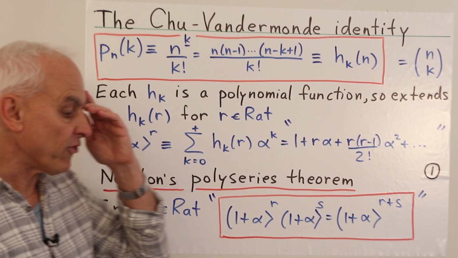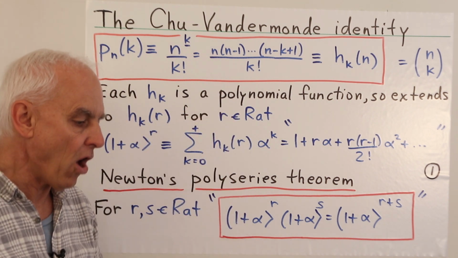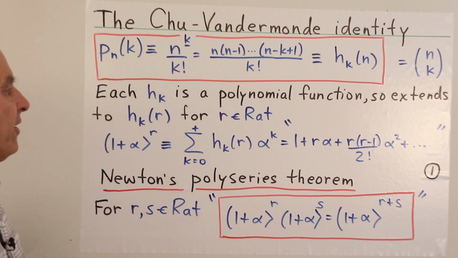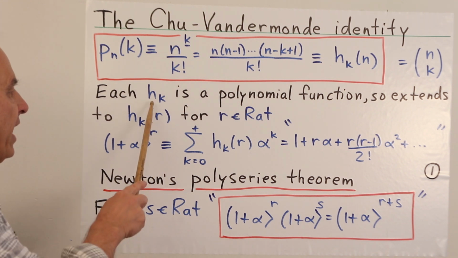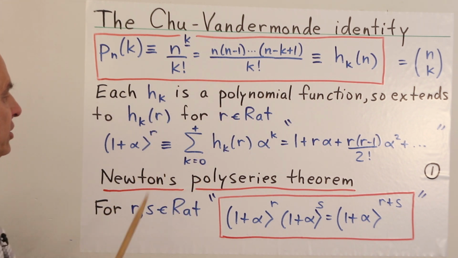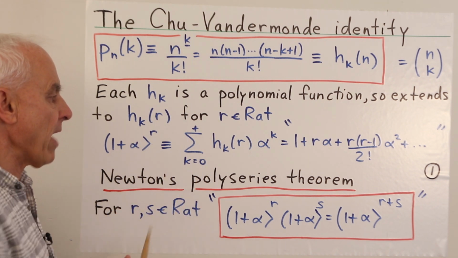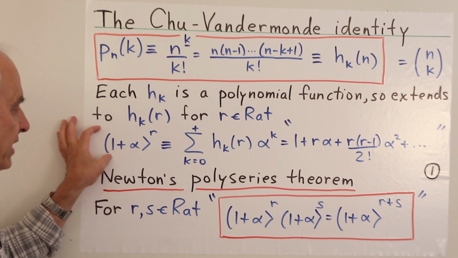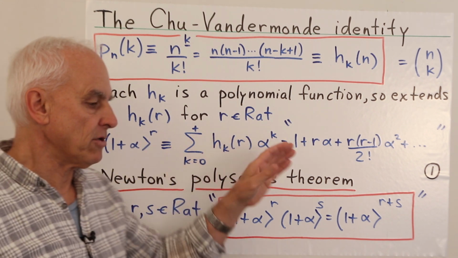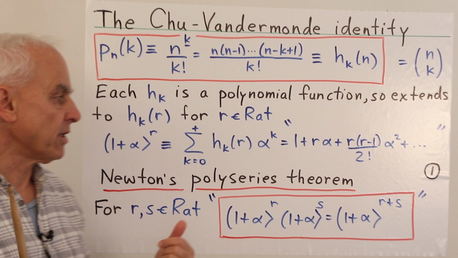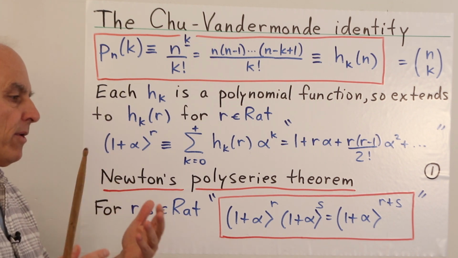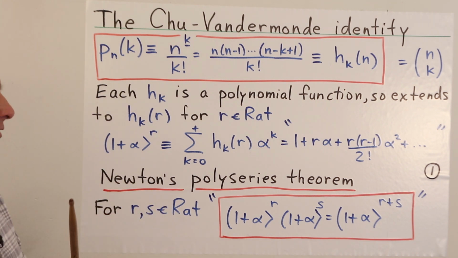And this corresponds to what we call the Harriot basis. These are the columns of this Harriot array. So each h sub k is a polynomial function, so it extends to h sub k of r for r a rational number.